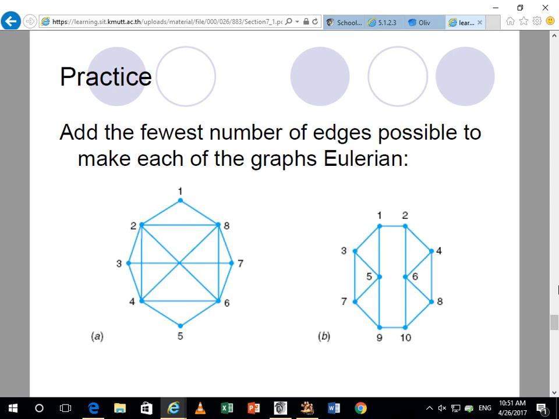In other words, if you add an edge here and here, that becomes an Euler circuit.